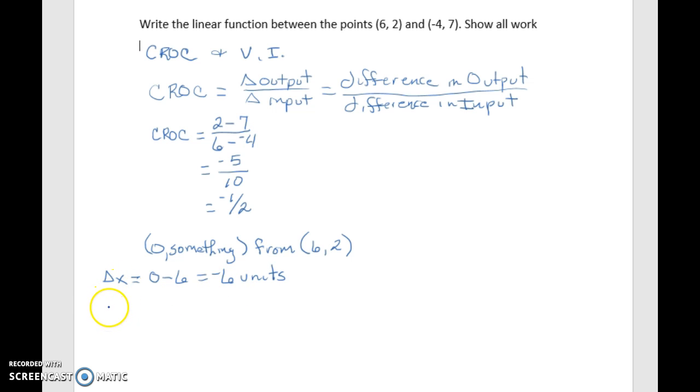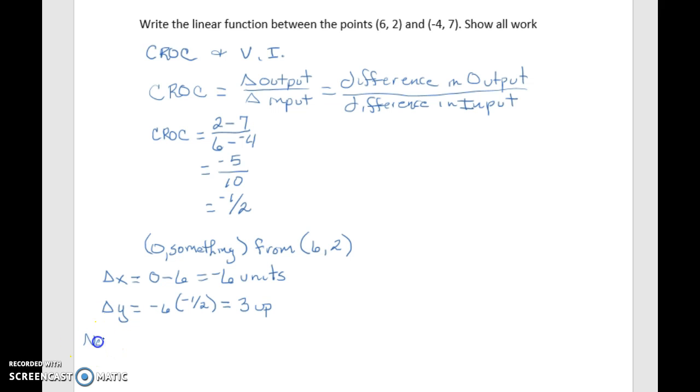After you find the change in x, you need to find the change in the output, and we'll just use y in this case. And so now we have to use the change in input times the rate of change, which we now know to be negative 1/2, which is equal to 3. And this would be 3 units up, because we're talking about the output, and that's up and down.